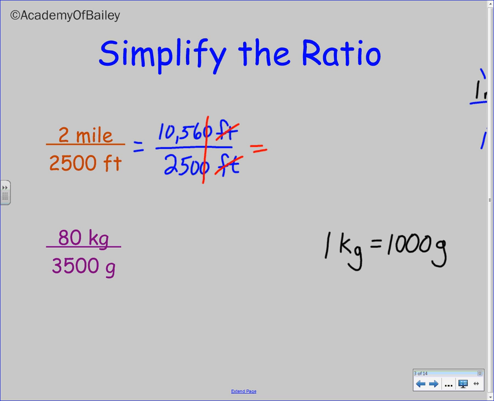So I'm going to divide both of them by 5. Or, I'm just kidding, divide both of them by 2. If I divide both of them by 2, that gives me 528 on top and 125 on bottom. And at this moment I know that there's no other numbers that go into 528 and 125, so that is the simplified form of the ratio.